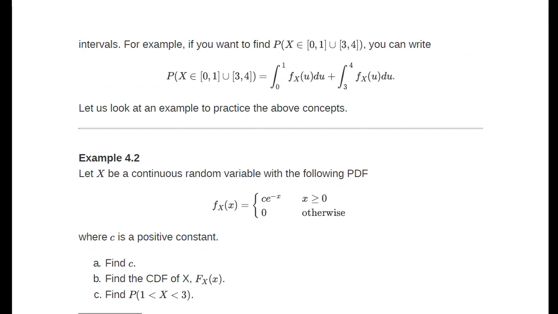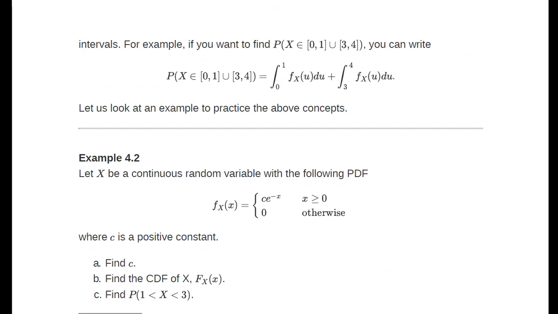For example, if you want to find the probability of X in the interval (0, 1) union the interval (3, 4), you can write it as the integral from 0 to 1 of f_X(u) du plus the integral from 3 to 4 of f_X(u) du.